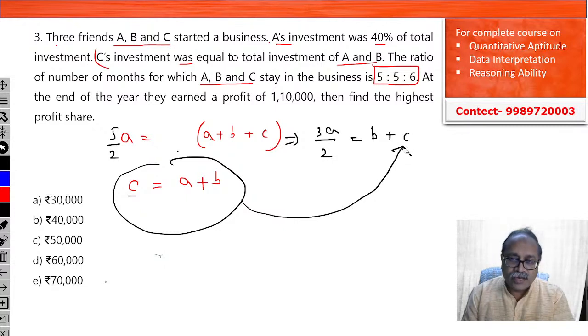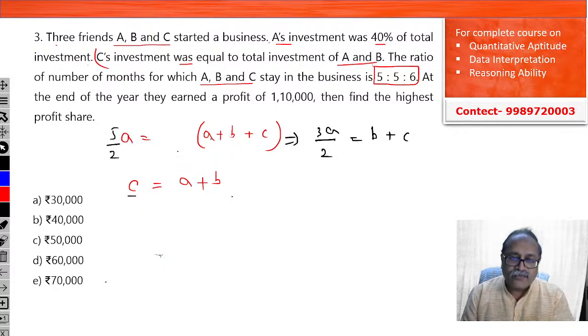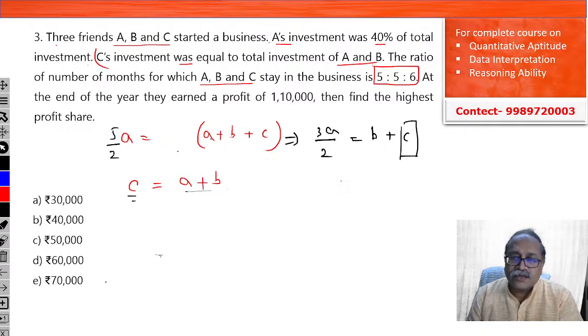Substitute here. Then you will find that C is equal to A plus B. Here I will write down A plus B. चलिए इसको लिखते हैं. So that is 3A by 2 is equal to B plus C, and C is equal to A plus B.